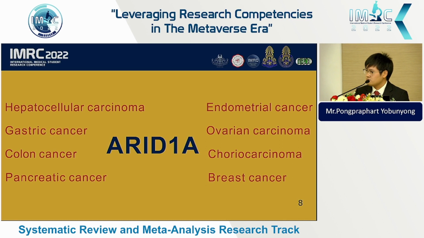This particular ARID1A seems to be involved in different types of cancer, of which the left group is the GI cancer group and the right is the reproductive system group. But today we will be focusing on HCC.